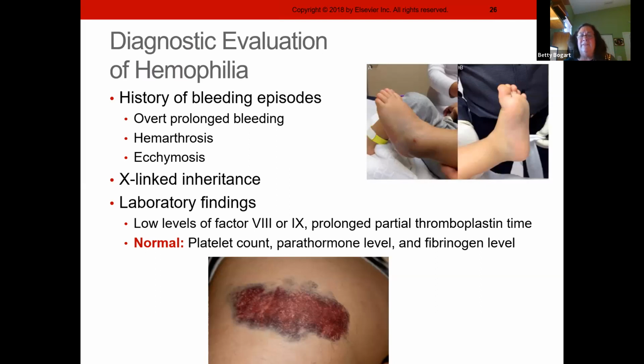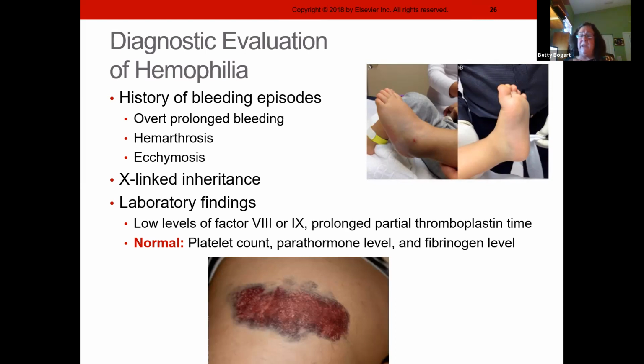Let's go and look at laboratories. Remember, it is X-linked recessive, all right? So what do you see in laboratory findings? Well, is it factor 8? Is it factor 9? One of those. And then when you think of bleeding, think of heparin, okay? Which is the PTT, right?